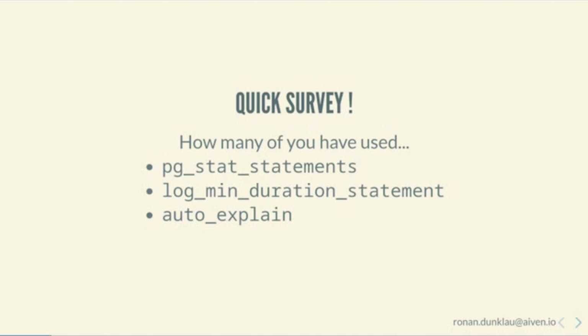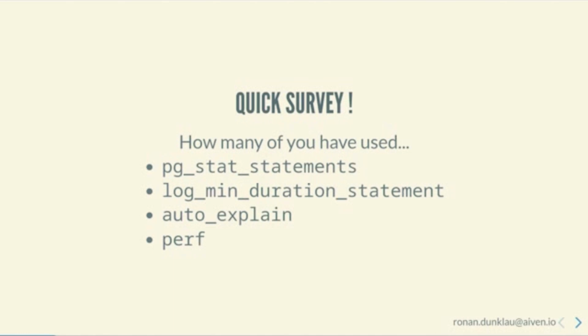And it's really interesting because then you can collect the plans of your slowest queries. But as always, that requires you to think in advance that you're going to have trouble, and you can't really enable it on a specific backend. So these tools are really great, but they don't solve the problem of I have something going wrong right now, and I want to try to understand it without modifying the whole system.